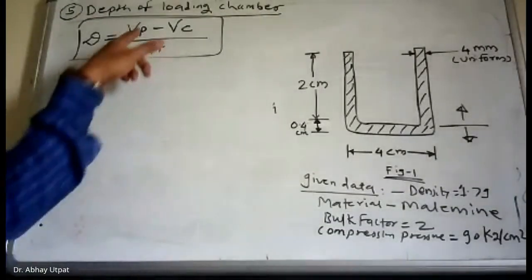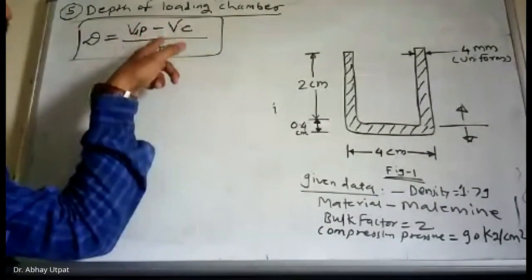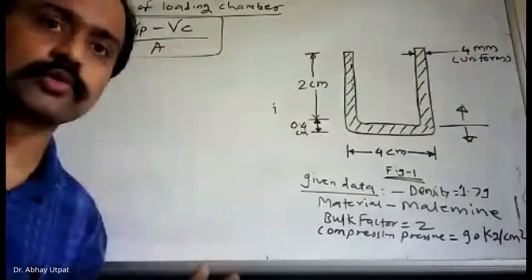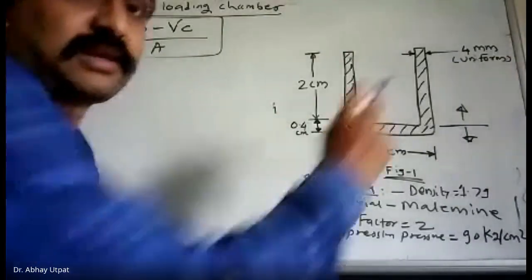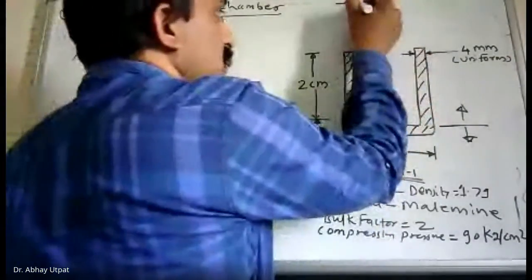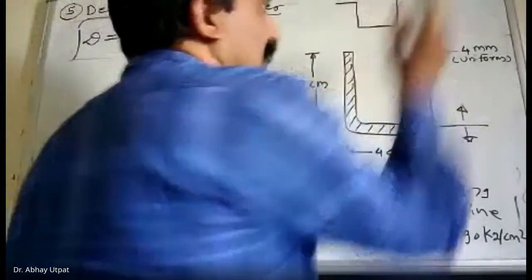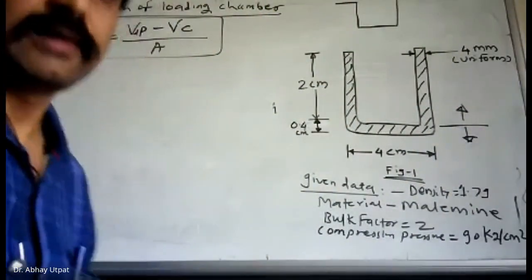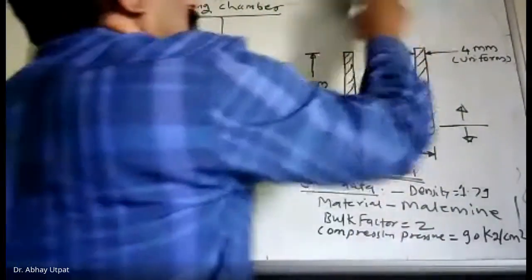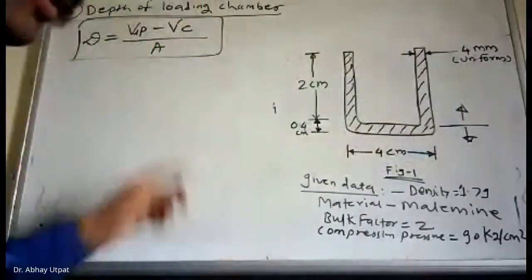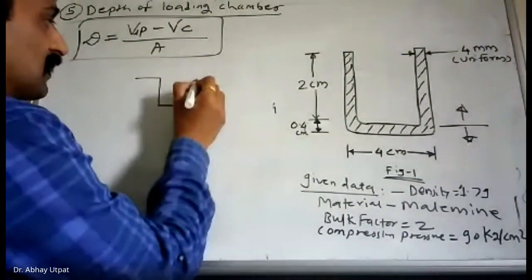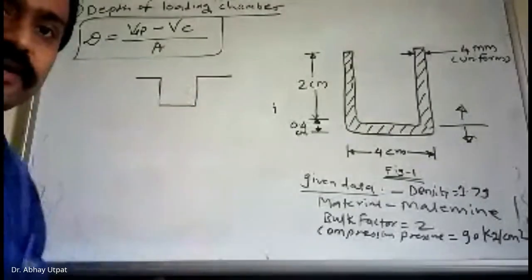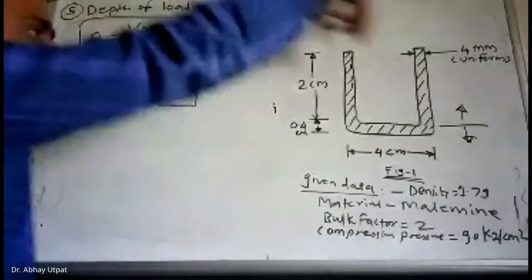Now volume of loose powder is known to you. Projected area is known to you. Where is volume of cavity? Imagine, I will show it here. This is your cavity. This is your mold. I have shown only the cavity. Inside this cavity, this component will fit.